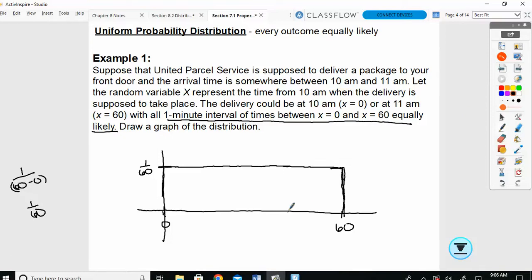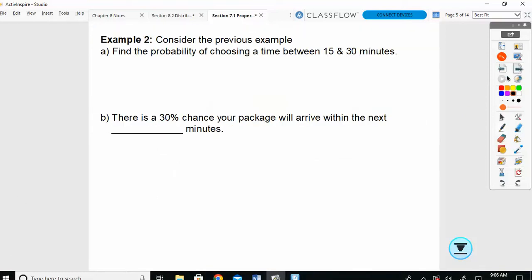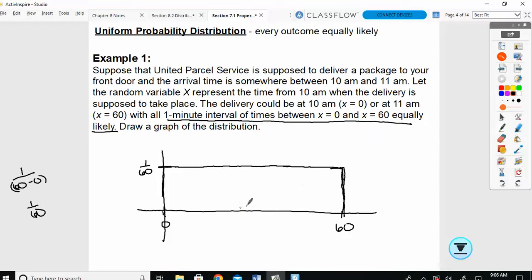Let me ask you a couple questions about that. If I want to know the probability of choosing a time between 15 and 30 minutes. I wasn't real precise on my graph, and you don't necessarily have to graph this.